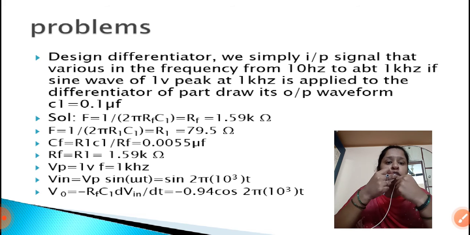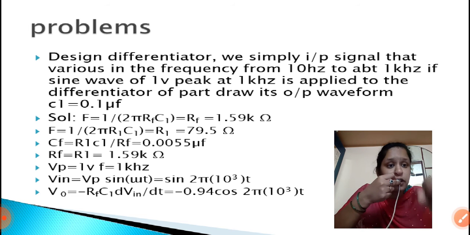If a sine wave of 1 volt peak at 1 kilohertz is applied to the differentiator, draw its output waveform, with C1 equal to 0.1 microfarad. Since it is differentiation, a sine wave input gives a cos wave output.